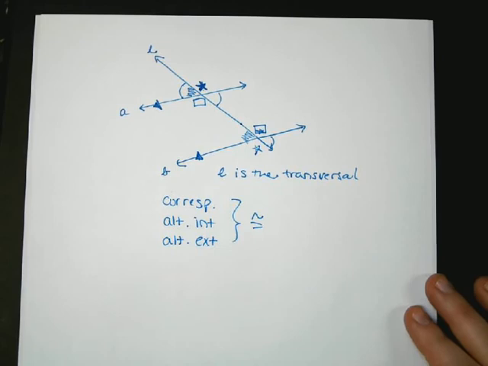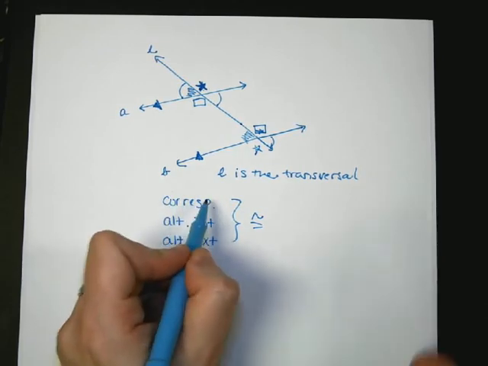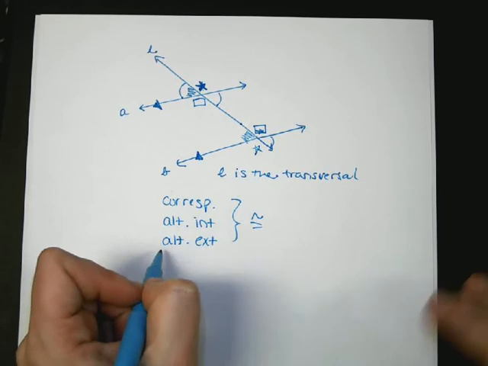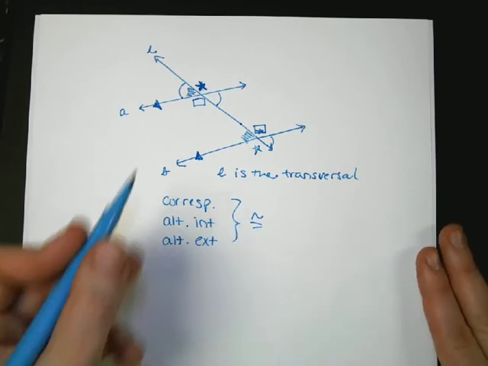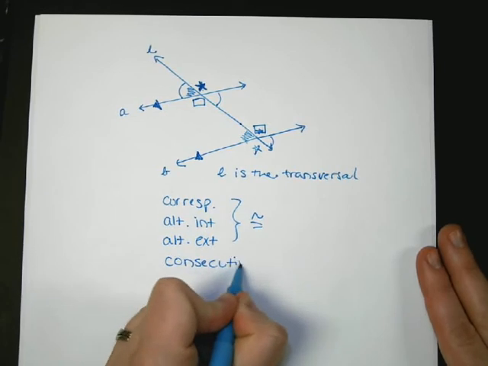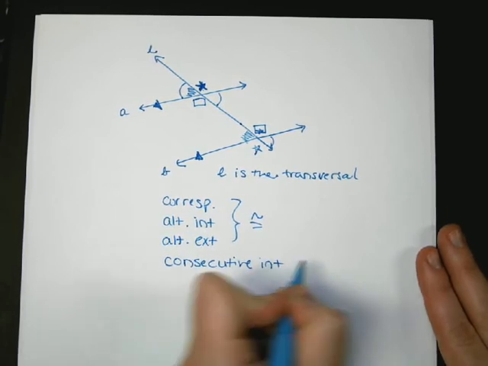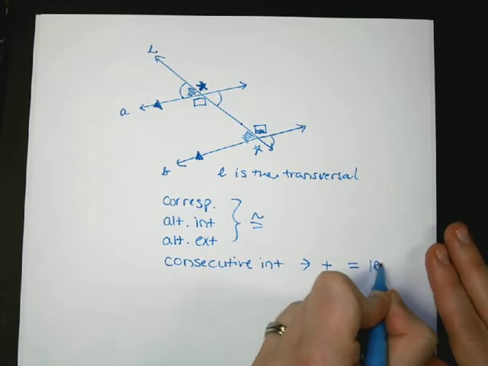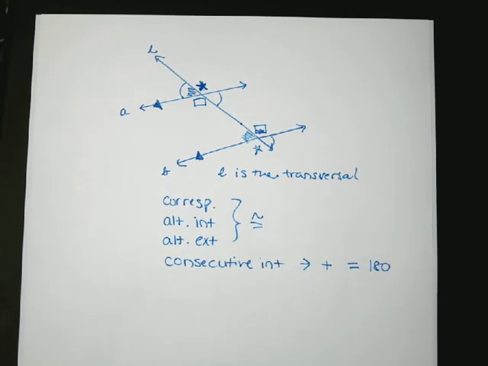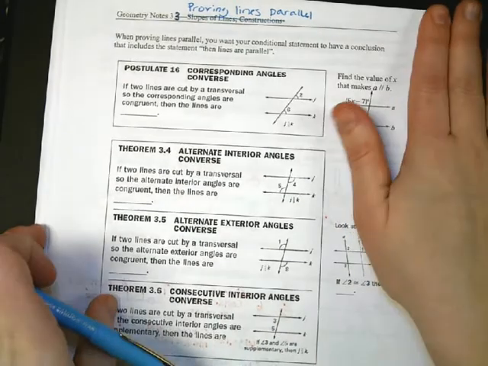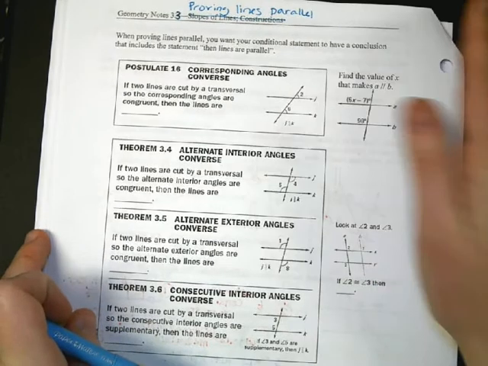So if I had a pair of corresponding, alternate interior, or alternate exterior angles, I could set them equal. The oddball out was consecutive interior, and those add to equal 180 degrees. Those are supplementary angles.